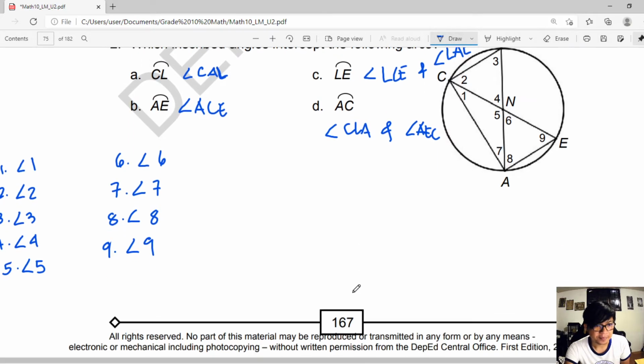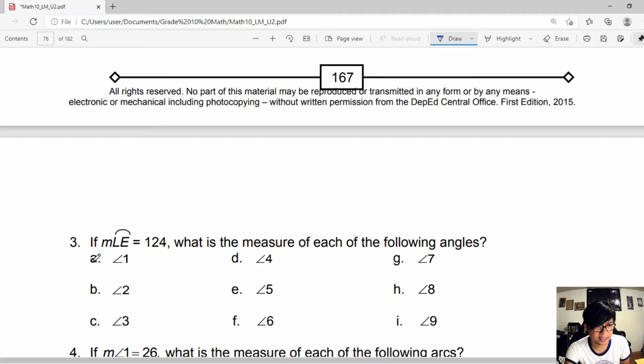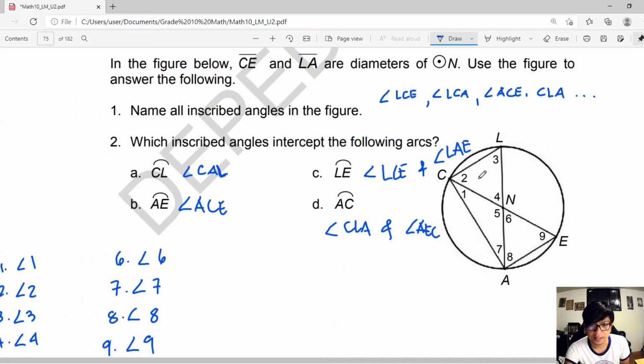Okay. The given here is the measure of arc LE, which is 124. Yun lang yung given. Number 1, hanapin natin ang measure.